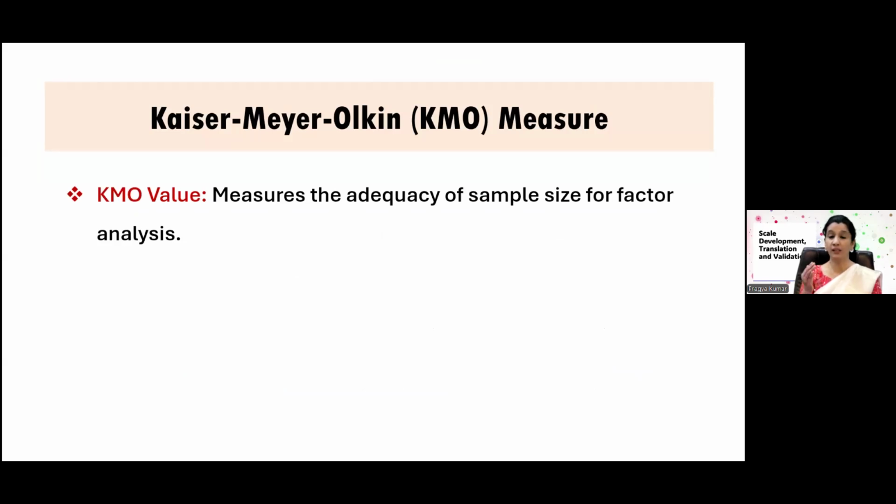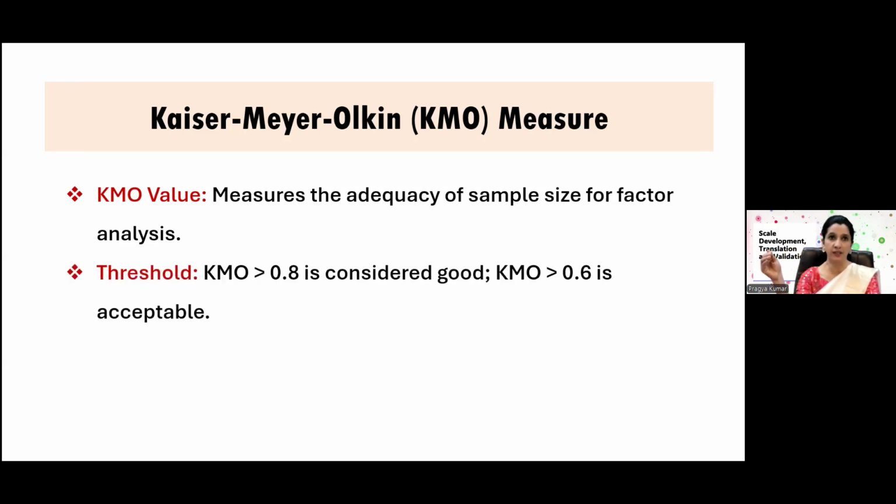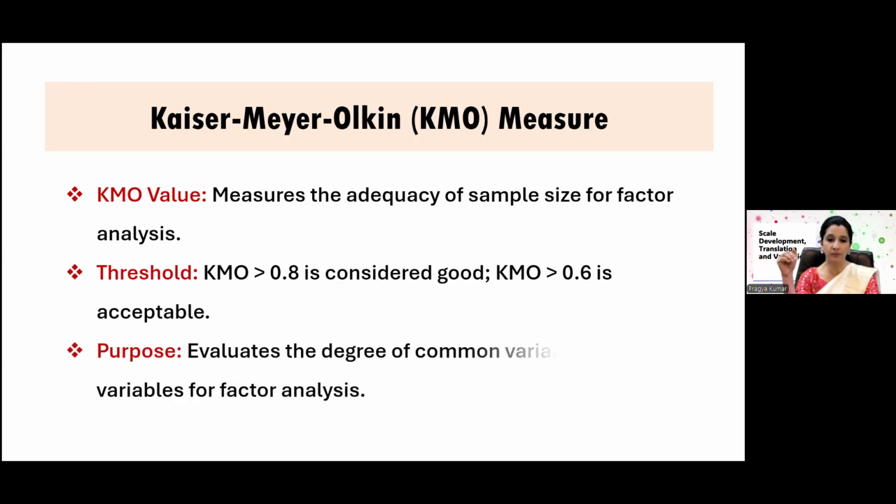I'm not going into the underlying theory of KMO because then it will complicate things. Just remember, if the KMO value is more than 0.6, that means you can go ahead with the factor analysis. A good threshold is more than 0.8, but acceptable is more than 0.6.